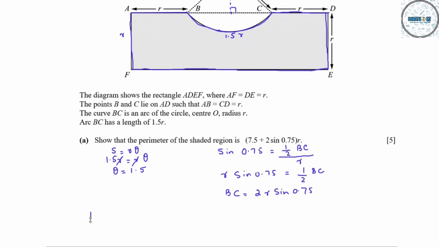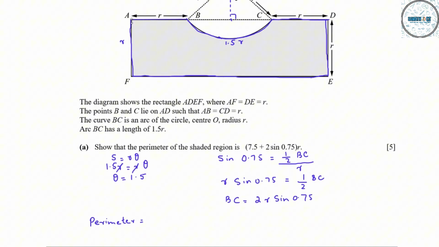Now we can take out perimeter. Perimeter is equal to, we have this R, we have this R. Perimeter is equal to R plus R, 2R, plus R, 2R.